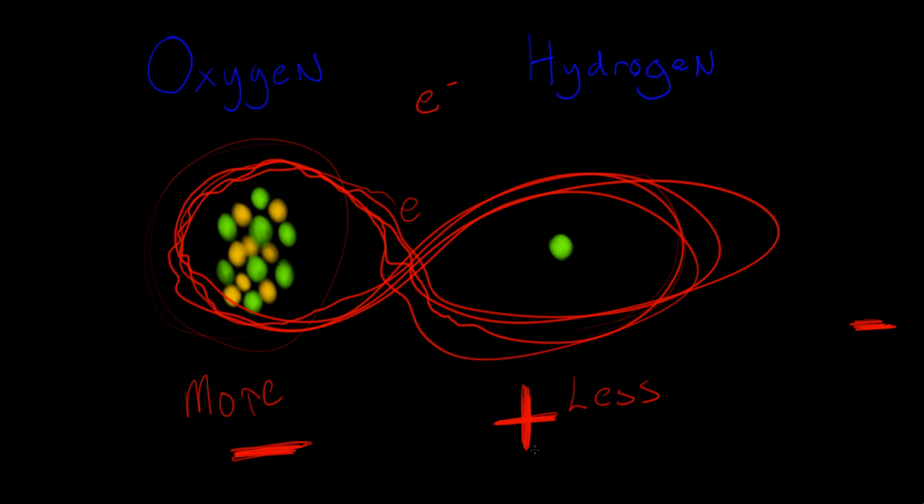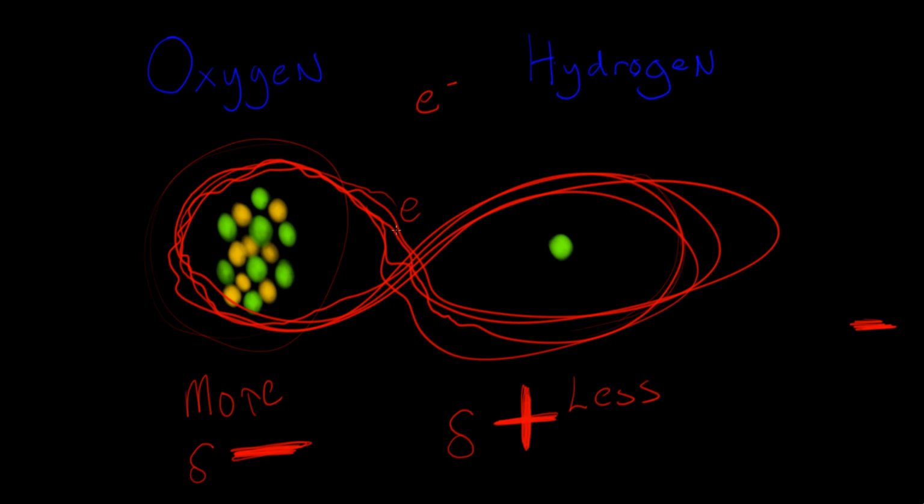Because this is a partial charge, we're going to use a little symbol called the delta, something like this. The side that has oxygen will have a partial negative charge. The hydrogen side will have a partial positive charge. Again, this all goes back to the fact that oxygen is more electronegative.